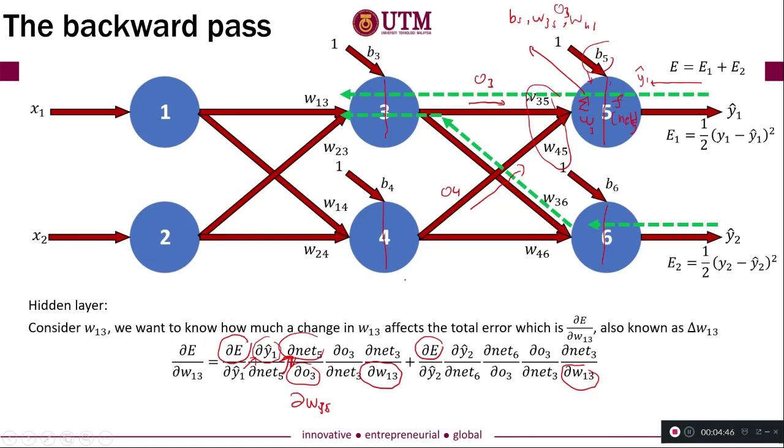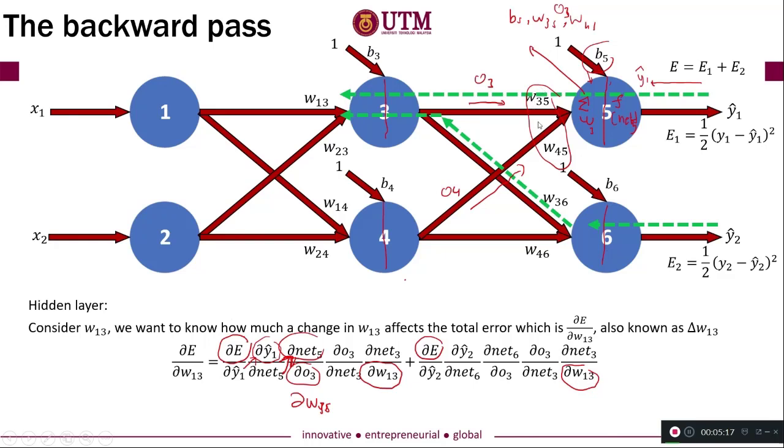But to make sure that this error can be propagated towards the hidden layer, you must do the partial derivative of del net 5 over del O3. It should not be del W35, because if you do that, then you stop the chain rule at that stage only.